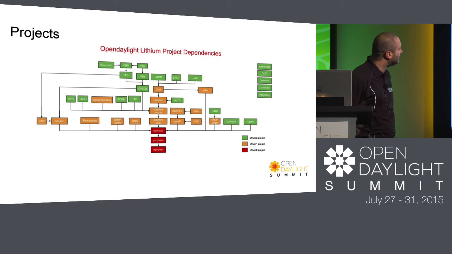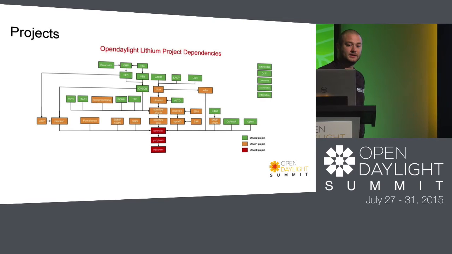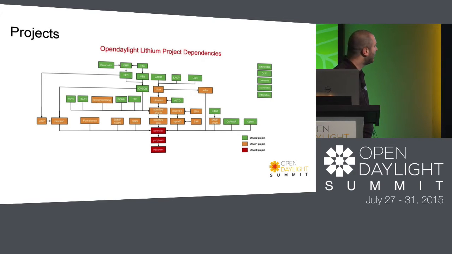And then you have the VPN project, which allows you to get VPN as a service and VPN requests. TSDR, which is time series database. So this actually is the ability to have time series. We actually use that to do a variety of metrics. I'll talk about that a little later.